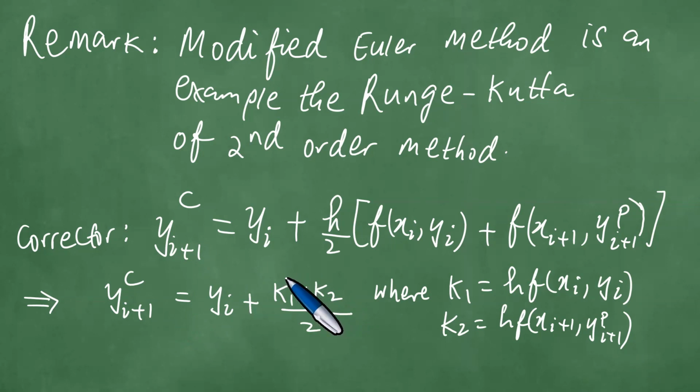The predictor and corrector methods here are discussed in the modified Euler case, but I must indicate that the predictor and corrector are also available in many other methods, like the Adams-Moulton. So it's something you need to be aware of.